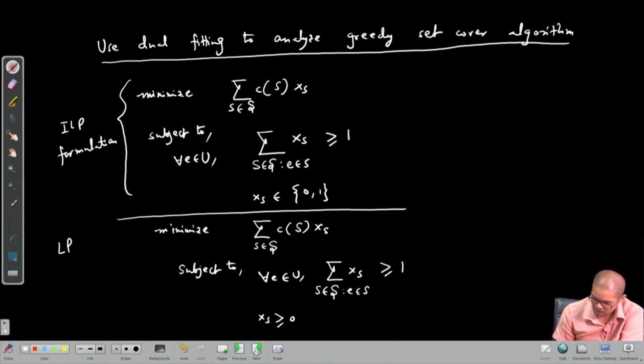Now, let us write the dual. For the dual, I have a constraint for each element in the universe. So, I will multiply it with a variable, let us call it y_e, and the coefficient of each x_S, which is c_S, should give a bound on the coefficient of the y's, the coefficient of x_S here, after summing all these inequalities.